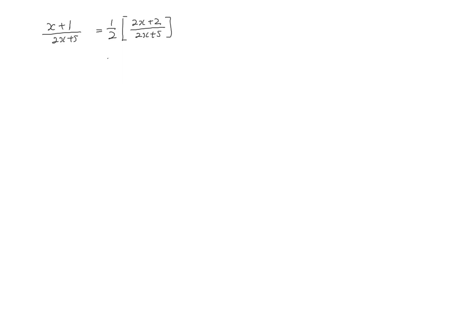Then second step I do is just a modification: 2x plus 5 minus 3. You understand? 5 minus 3 is 2. Why I choose 5? Because down there is 5. Okay, then divide by 2x plus 5. Now I can break into 2 parts.